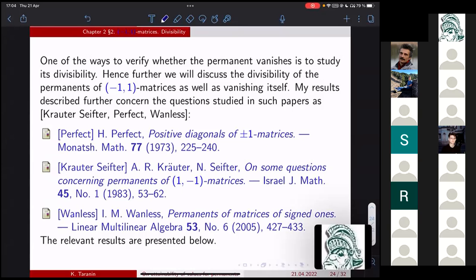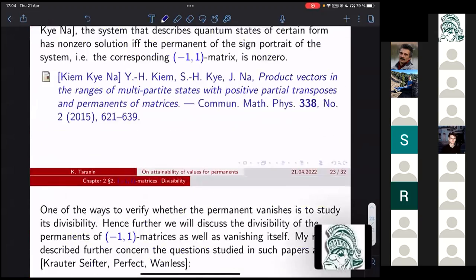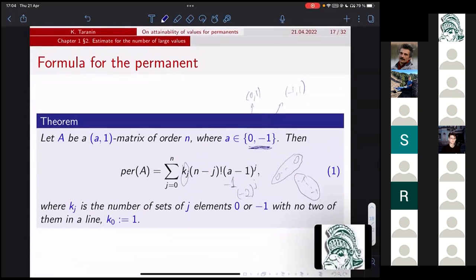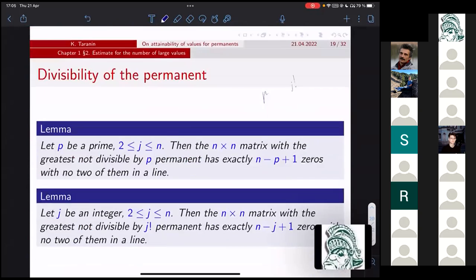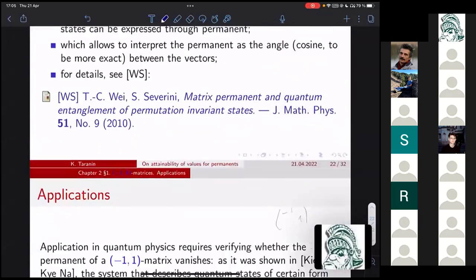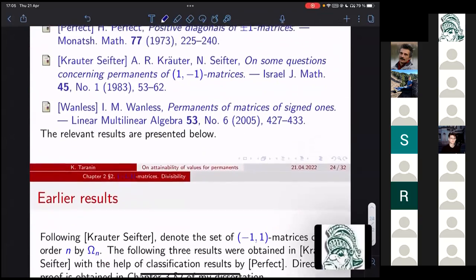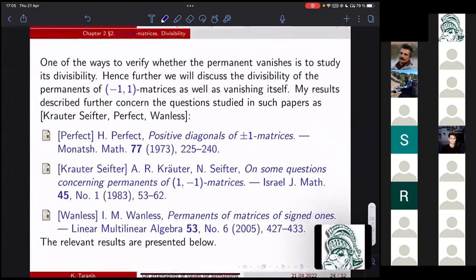We can use the useful observation that the formula I presented above is an expansion of the permanent by the powers of 2, which hints at a very particular way of checking divisibility, namely checking divisibility by the powers of 2.